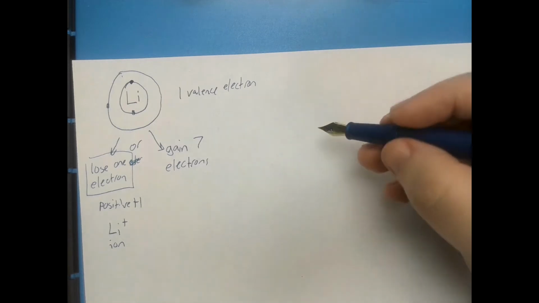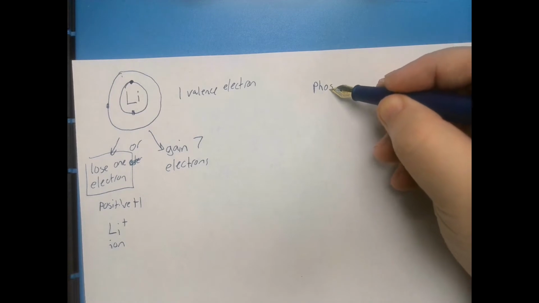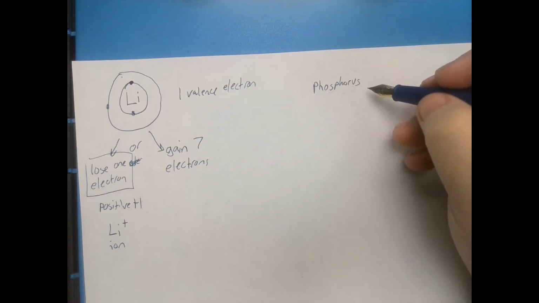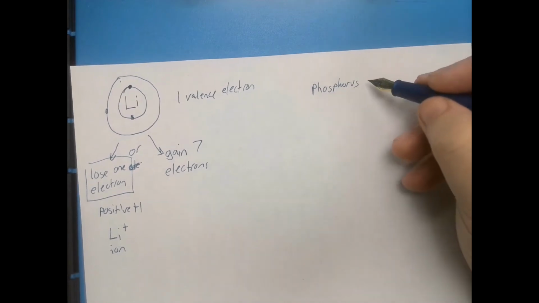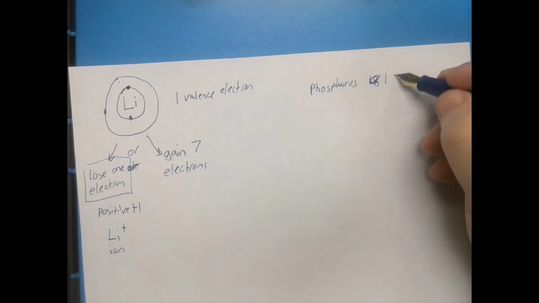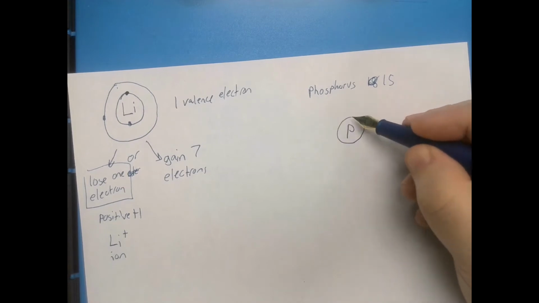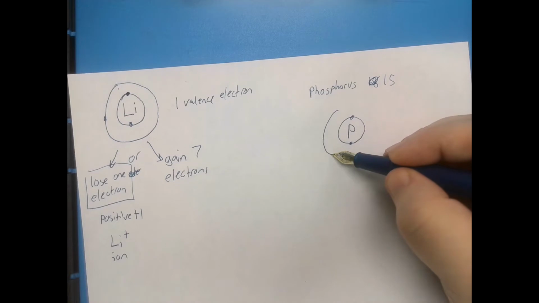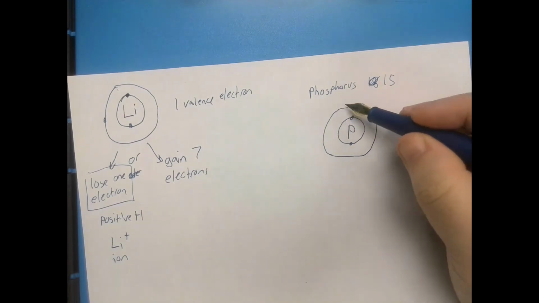Let's look at phosphorus. So phosphorus, number 15. Writing the Bohr diagram for that: it's in the 3rd row, so it's going to have 3 energy levels.